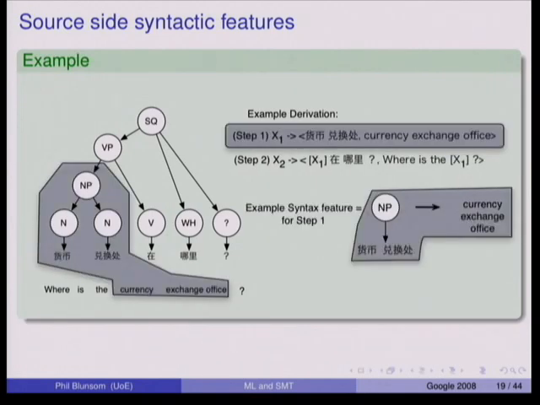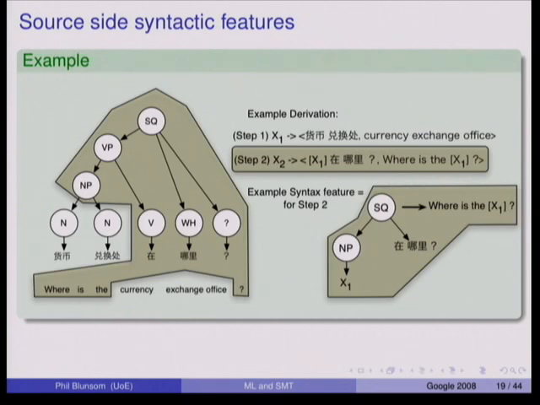And so in the first step, we extract a syntactic feature which says that for that translation pair, the Chinese source was covered by a noun phrase. And so the translation pair can now be conditioned on that property that there was a noun phrase present.